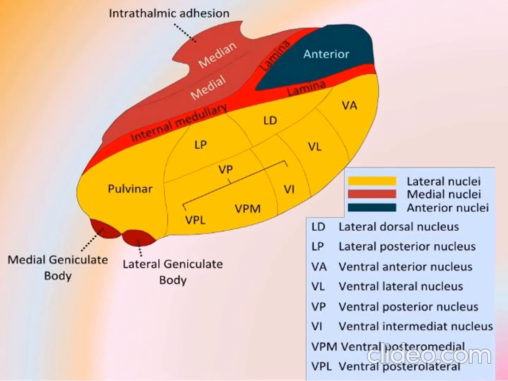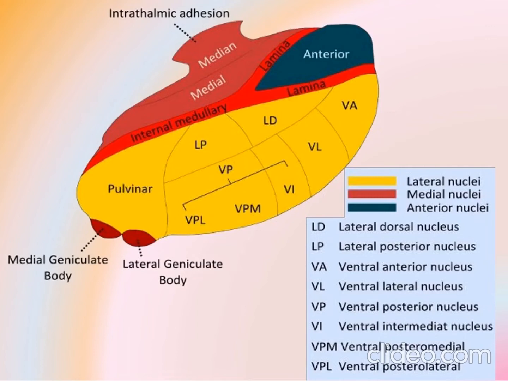Here again showing the divisions of the nuclei, that is anterior, medial and lateral, by the internal medullary lamina. The lateral part is the largest part. Now this lateral part is again subdivided into the dorsal and the ventral part.